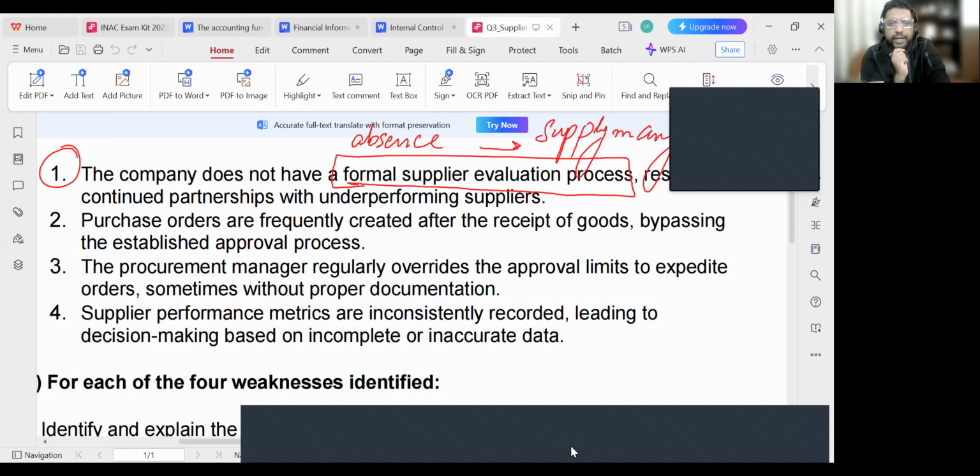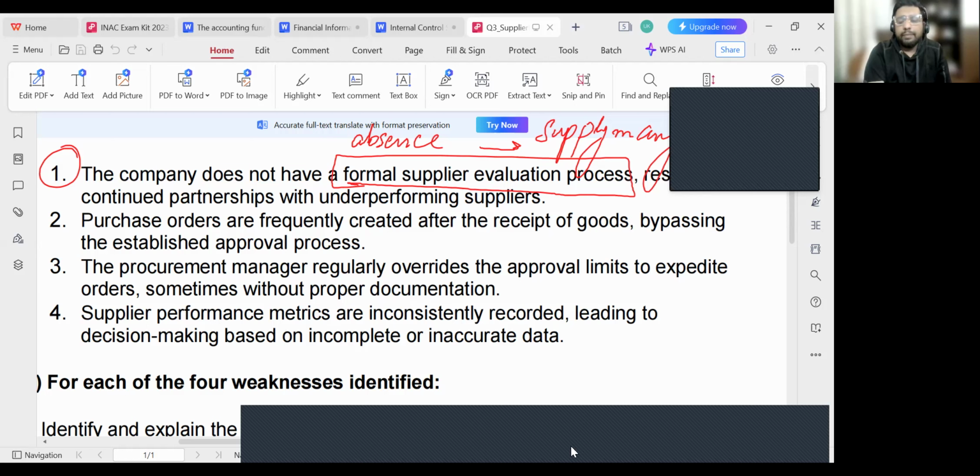Okay, purchase orders are created after the receipt of goods. There is no formal purchase placing an approval system. This can cause receiving completely wrong products or paying the wrong value. Okay, all right. Yeah, that's a good starting point, but we have to explain more.